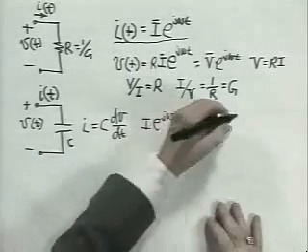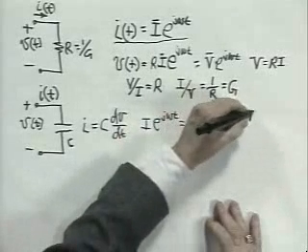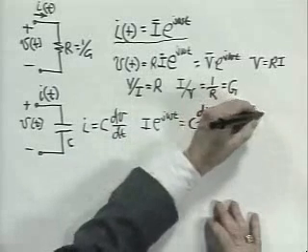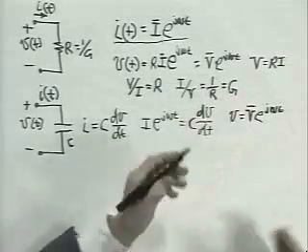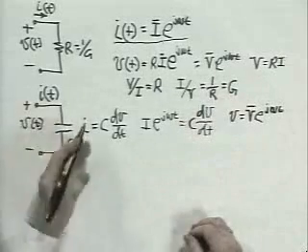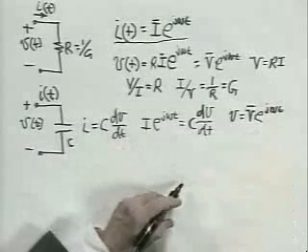And if V is going to be of the form some complex number V e to the j omega t, as it must be, all the currents and voltages of the sinusoidal excitation or a complex exponential excitation have the same time dependence.